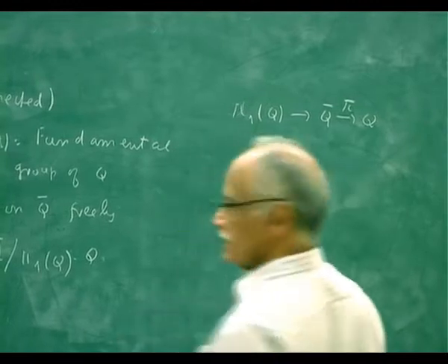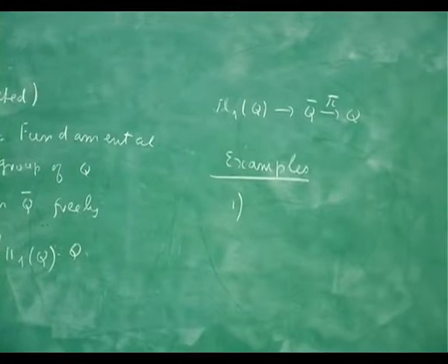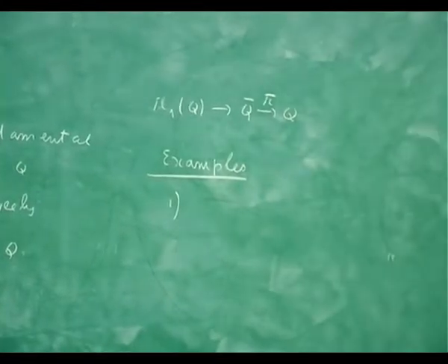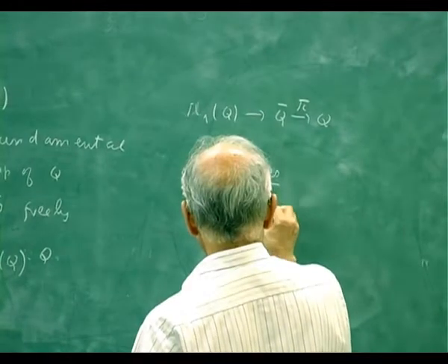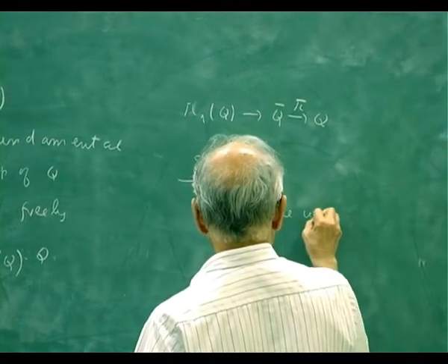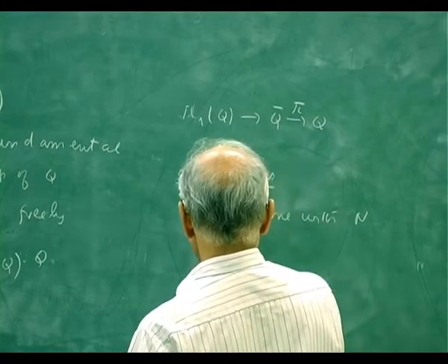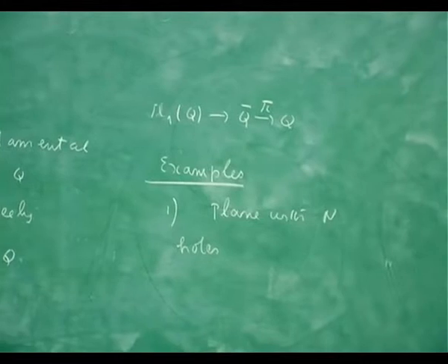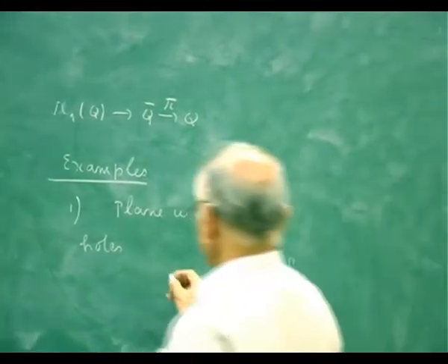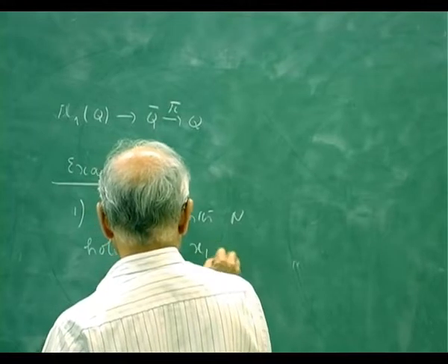Let me first start with a very easy example. The easy example is, let's look at the plane with n holes. Okay, so it's a plane with holes at x1 up to x7.